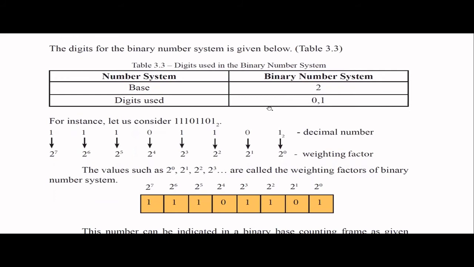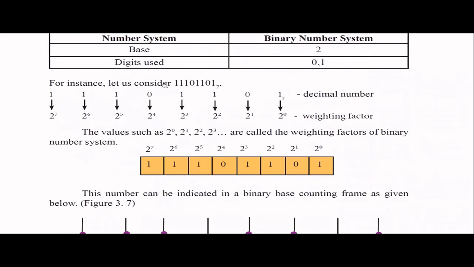You cannot write the number 2 in a binary number. Understood? So if you think about this one, this is the number. Don't think this is some 1 million or something like that. No, this is a binary number. We start from here. I told you weighting factors always start from the 0th power.